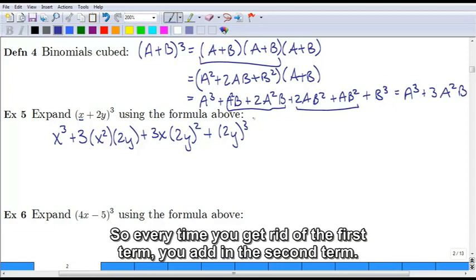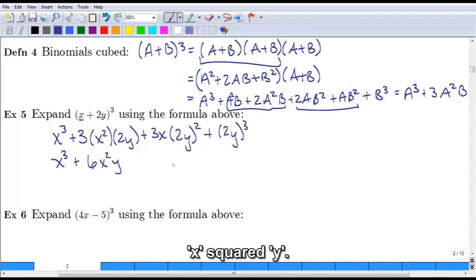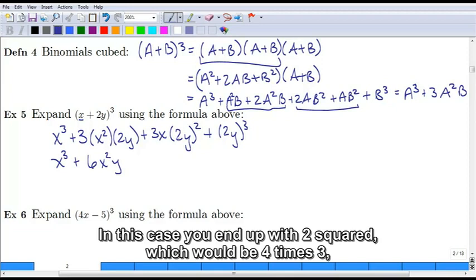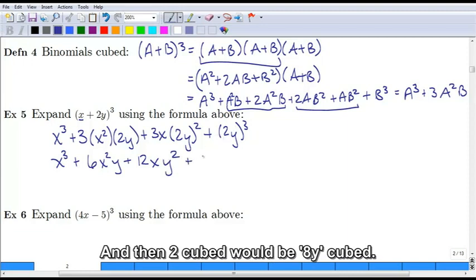So every time you get rid of the first term, you add in a second term. So in this case, this simplifies to be x cubed plus 3 times 2 is 6, x squared y. In this case, you end up with 2 squared, which would be 4 times 3, which would be 12xy squared. And then 2 cubed would be 8y cubed.